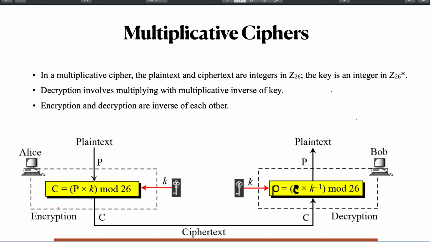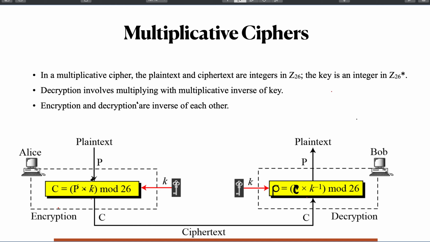So let's see the equations for that. Here there is a plain text, represented by P. K is the key. Instead of addition as in Caesar cipher, in multiplicative cipher it is the multiplication symbol.